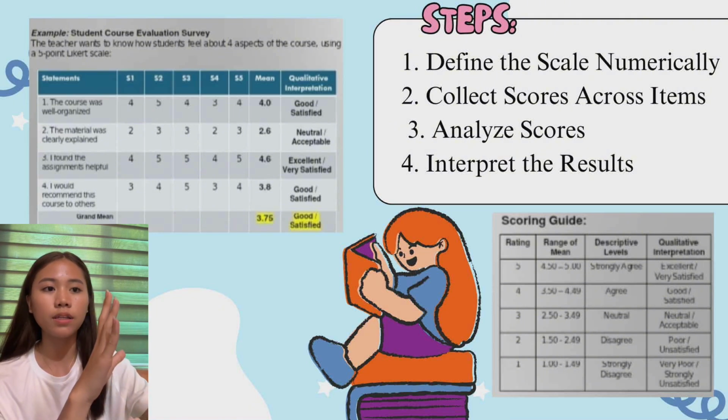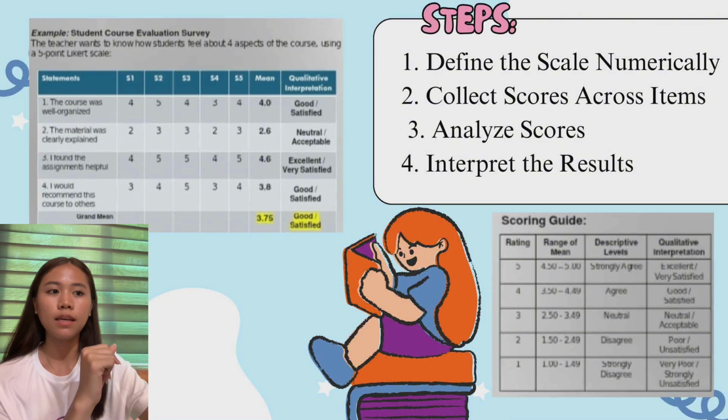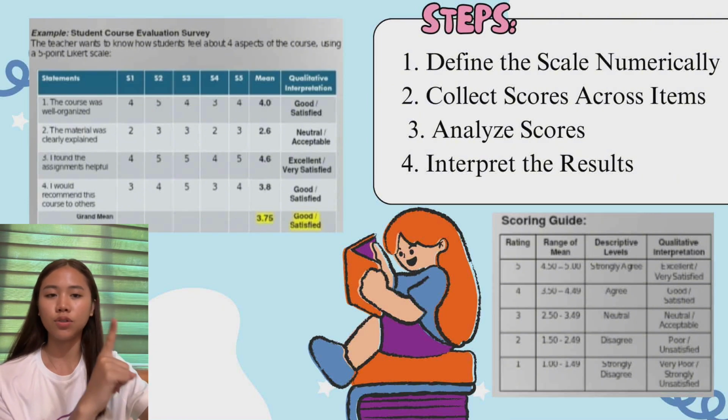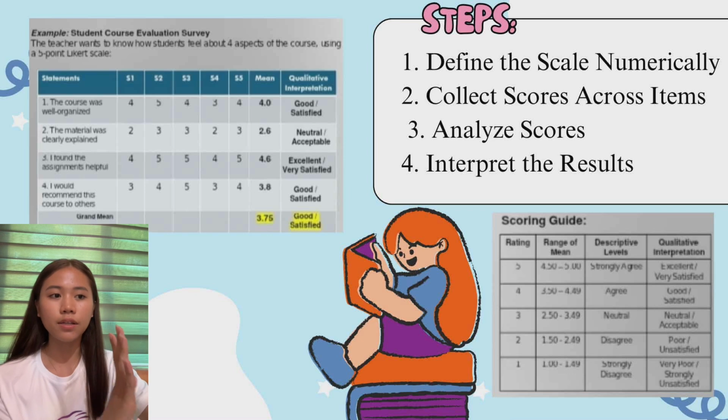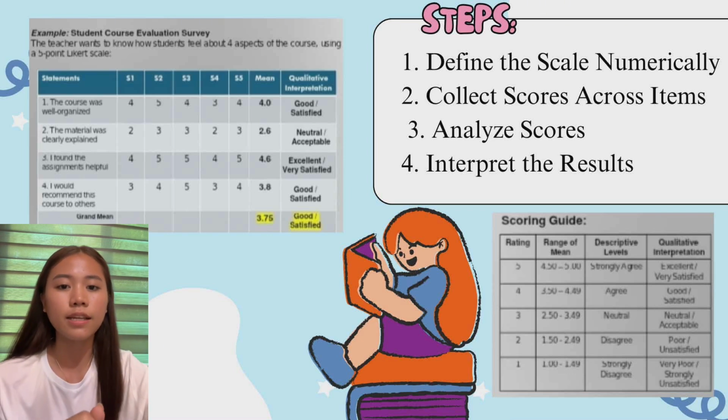You're gonna score it, and for qualitative interpretations it would be good, satisfied, neutral, acceptable, excellent or very excellent.